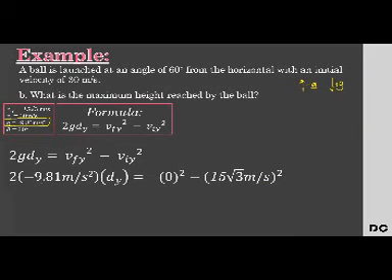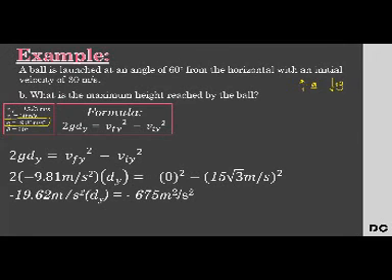Okay, so simplify. 2 times negative 9.81, that is equal to negative 19.62. Then 15 square root of 3 square, that is equal to 675, so that is equal to negative 675 meters square over second square.